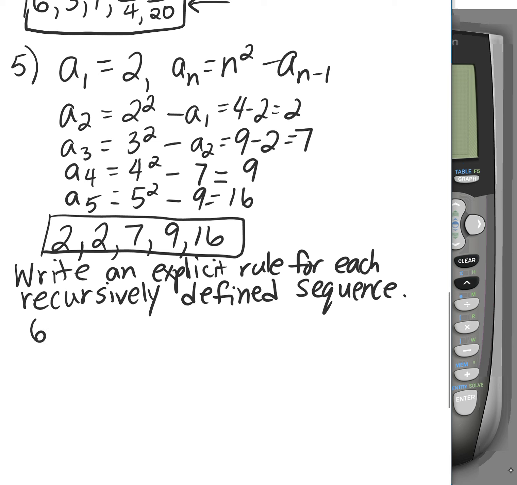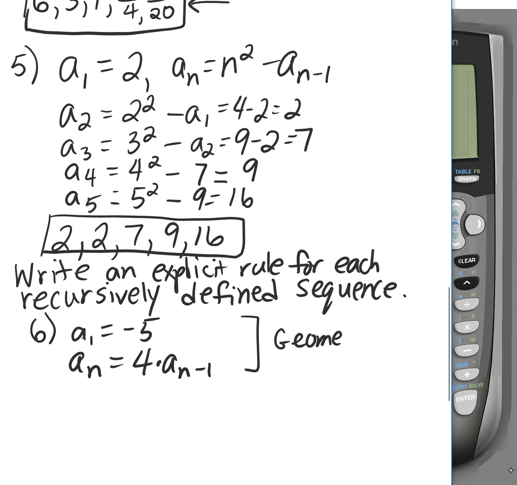So for 6, we have a1 is equal to -5, an is equal to 4 times an minus 1. This is geometric because we are multiplying.